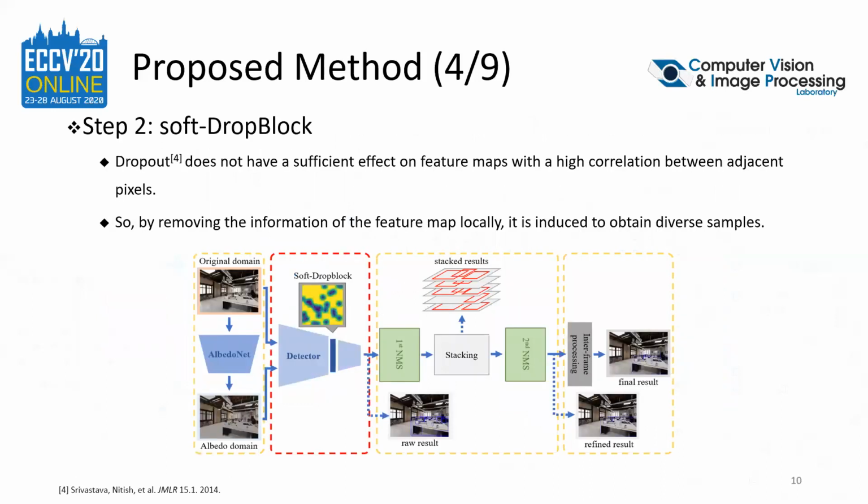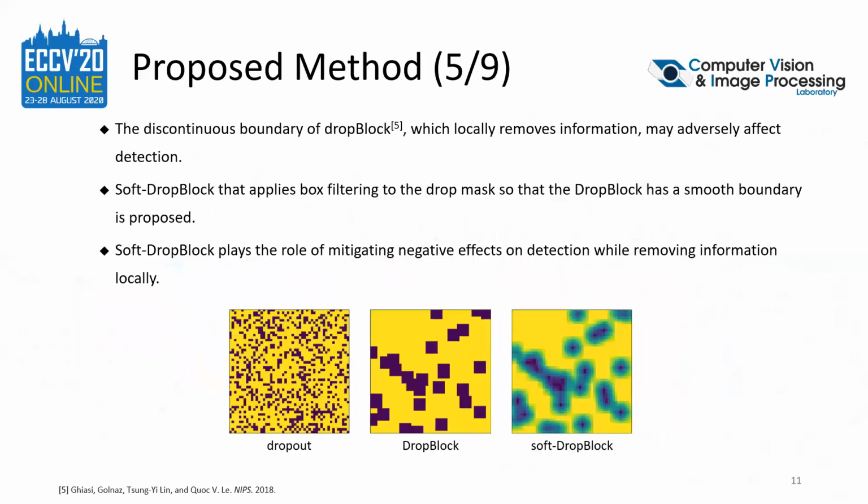The second technique is a soft-DropBlock that replaces dropout. Feature maps with high correlation between adjacent pixels are only slightly affected by dropout. This can hinder the diversity of samples obtained by dropout. So we analyze the DropBlock method, which can provide diverse samples by removing the local information of the feature map.